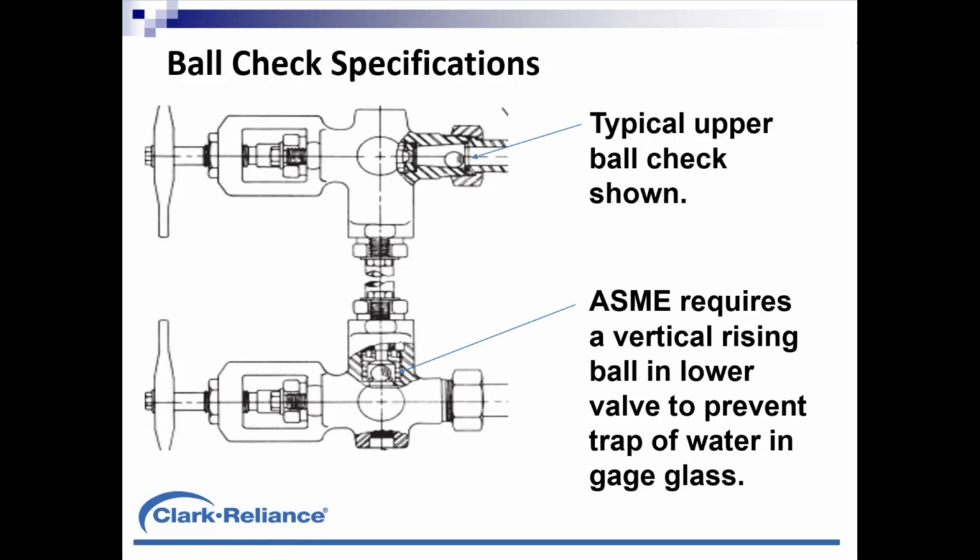But if that upper ball in the upper valve can breathe slightly, then when these valves are fully open, the vertical rising ball in the lower valve can recede or drop down to its resting place, and then the water level is free to travel within the gauge glass or level instrument.